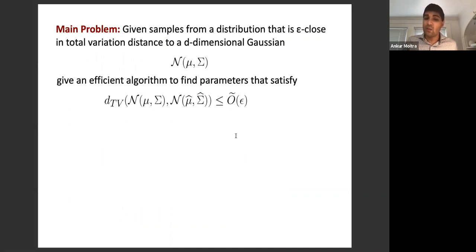And what I want to do is I want to give an efficient algorithm to spit out parameters mu hat and sigma hat that's O tilde of epsilon close to what I started off from. Now, the only difference is that now mu is a D-dimensional mean vector, and sigma is a D by D positive semi-definite covariance matrix, right?